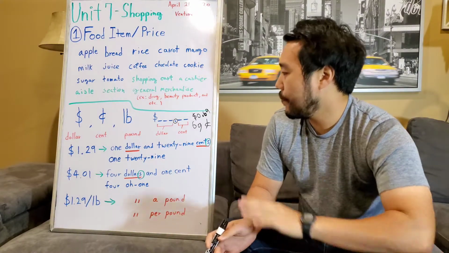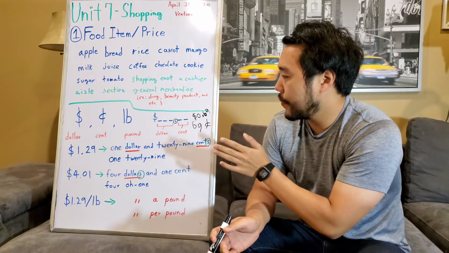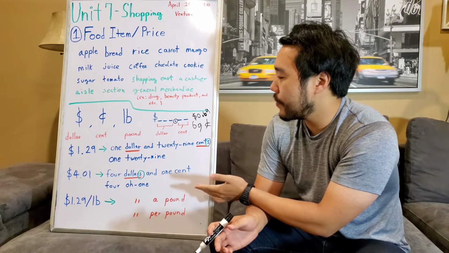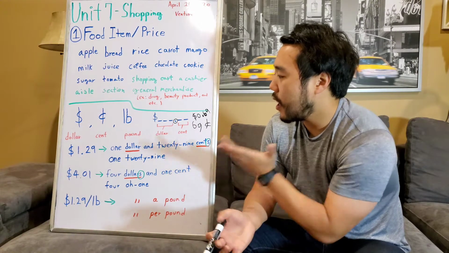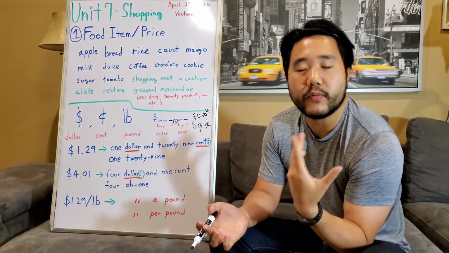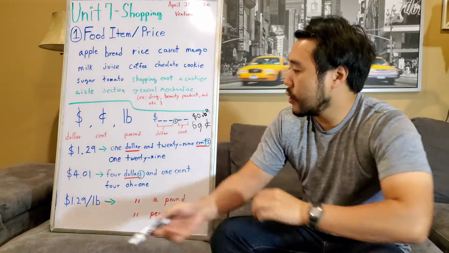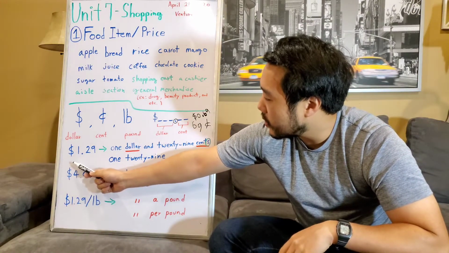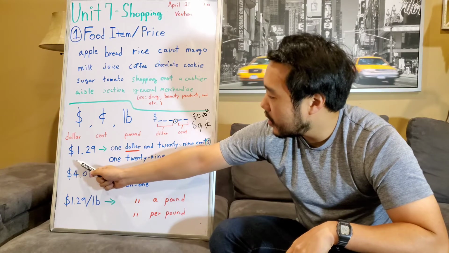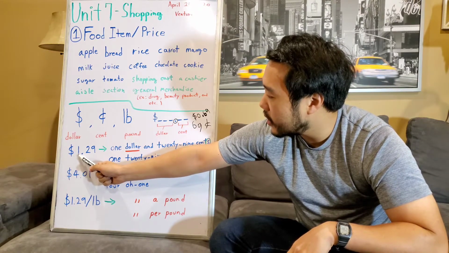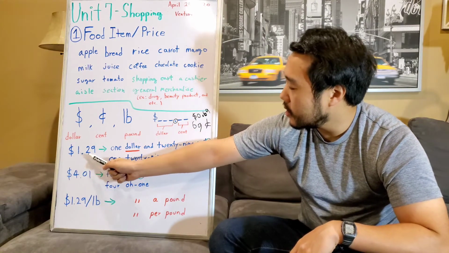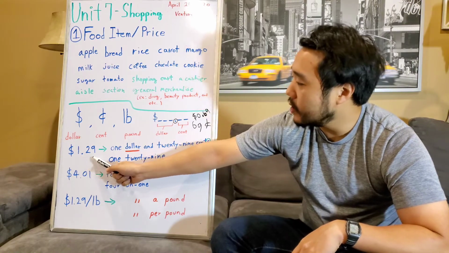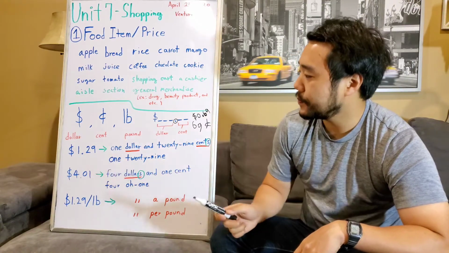And now, the most important part was how do we pronounce them, or how do we read them? So here, this one, there's a dollar sign, there's $1 here, a dot, and 29.